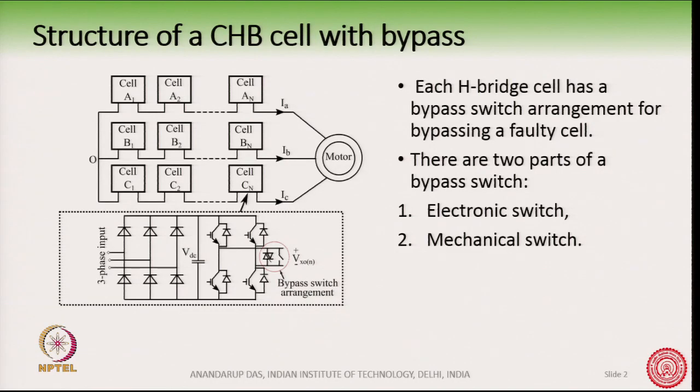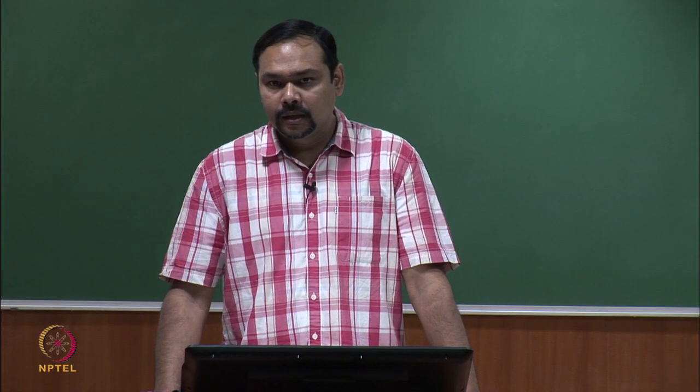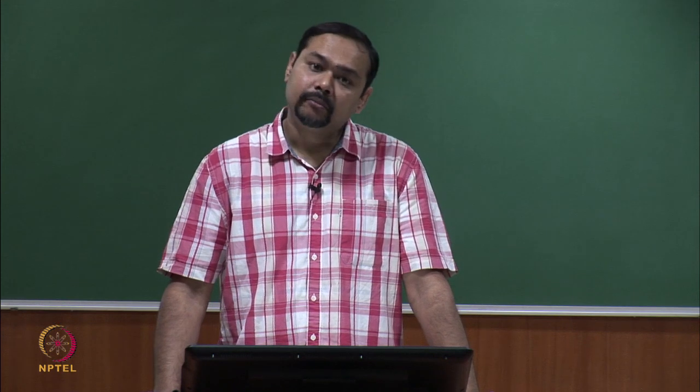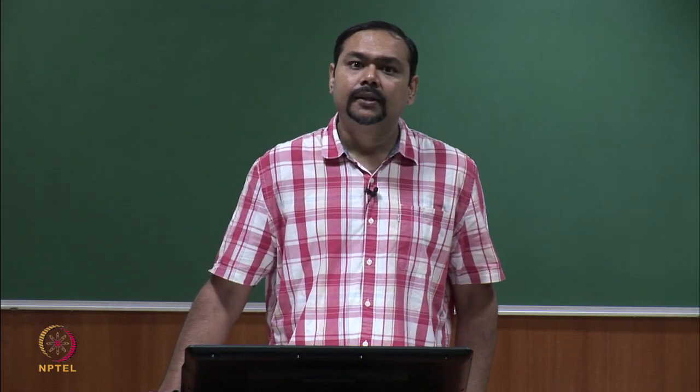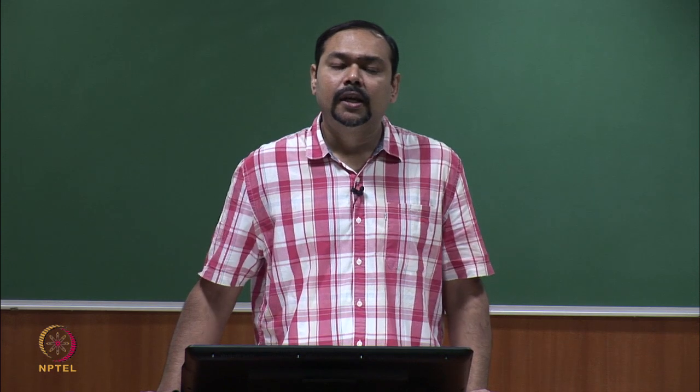Remember this is a big converter and there are many components, many cells, and inside each cell there are many components like that. Often these converters are used in mission critical applications. What do we mean by mission critical application?